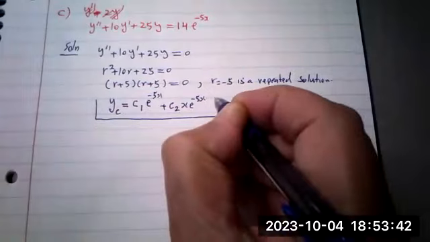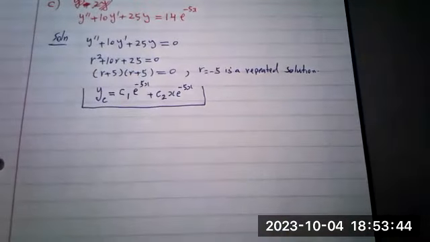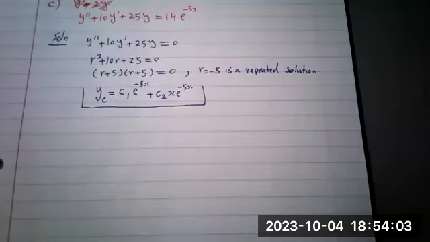That's something new about this one. Since it's a repeated solution, you should have two solutions. You know that we proved it already. You can use reduction of order or the formula to get it, but we know it and we use it. So C1 e to the negative 5x plus C2 x e to the negative 5x. That's yc. Any question?